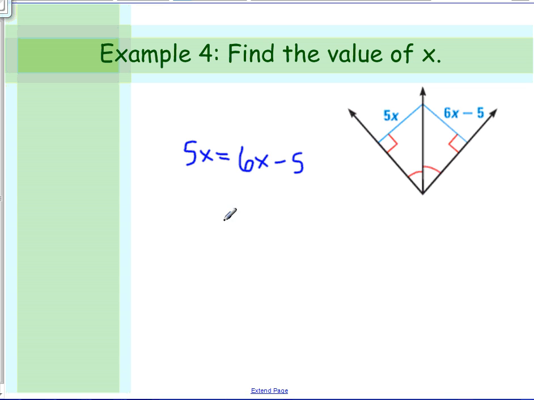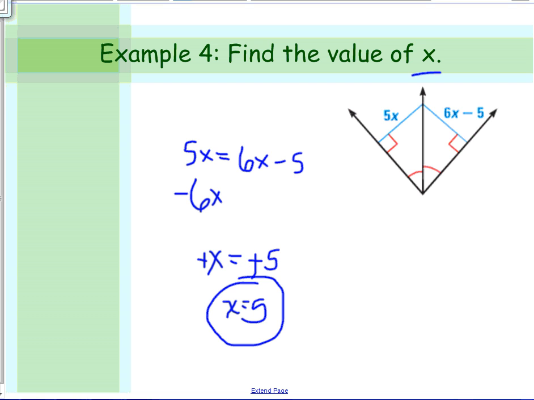Subtract 6x from both sides. 5x minus 6x is negative 1x, or negative x, equals negative 5. Get rid of those negatives, and x equals 5. Since that's all we need to know, the answer is 5.